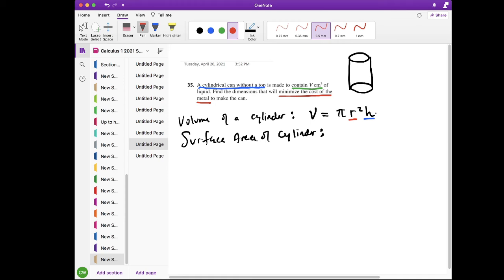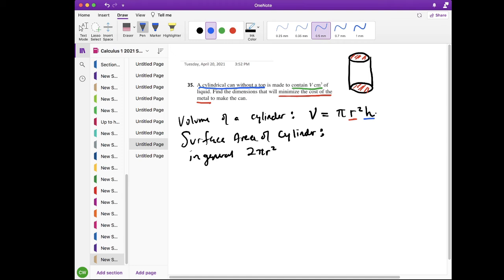Good, yeah. So the surface area, that is true in general. In general, it is 2 pi r squared. Why? Because that's two areas of circles.